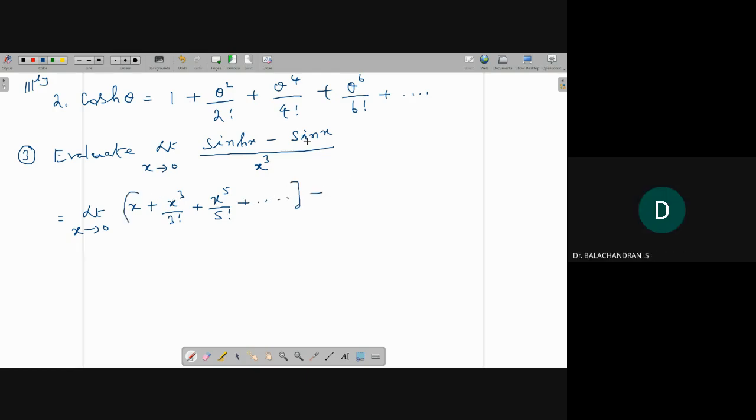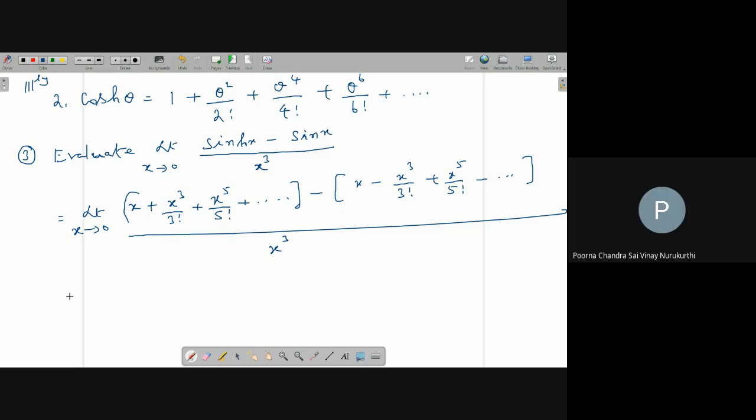Minus the sin x expansion: x minus x cube by 3 factorial plus x power 5 by 5 factorial, and so on. Divided by x cube.